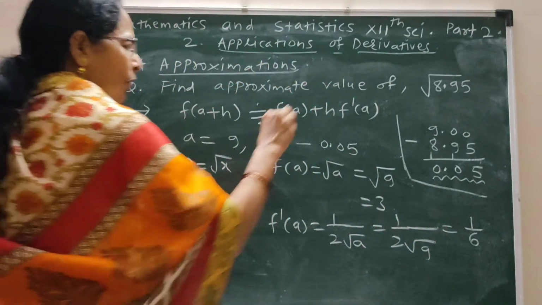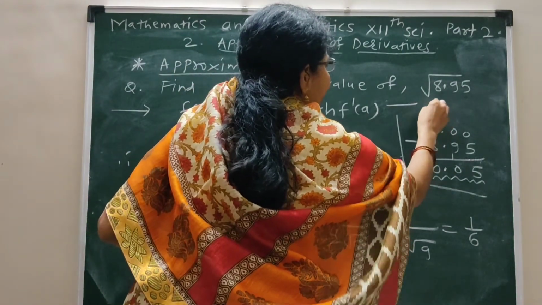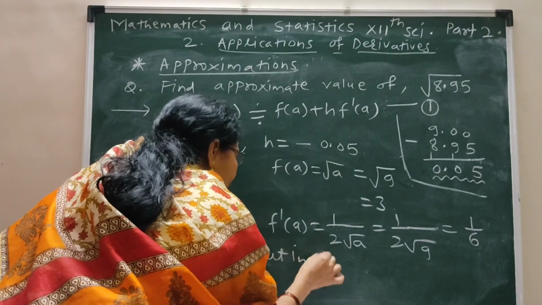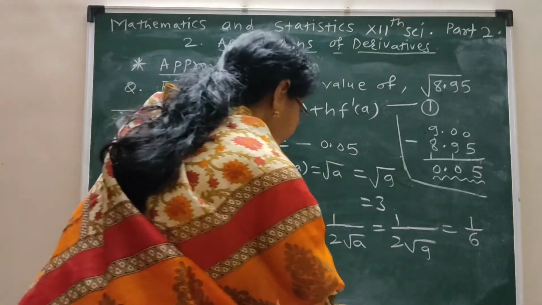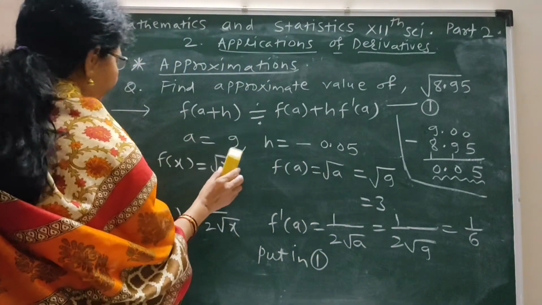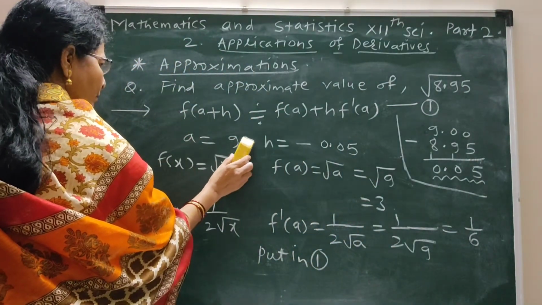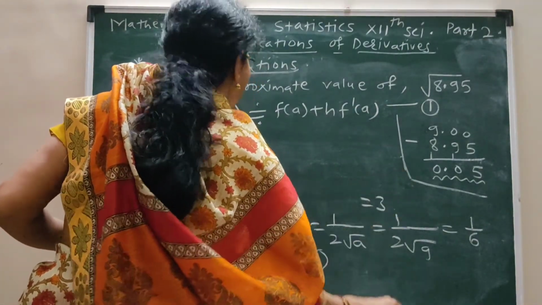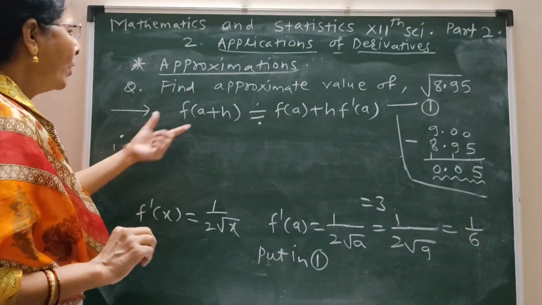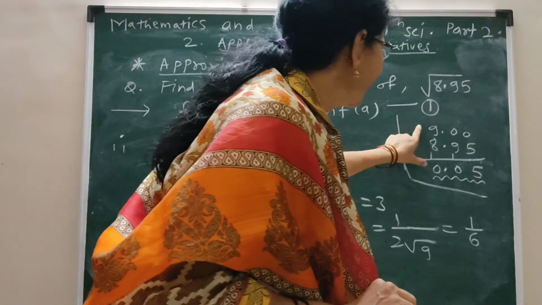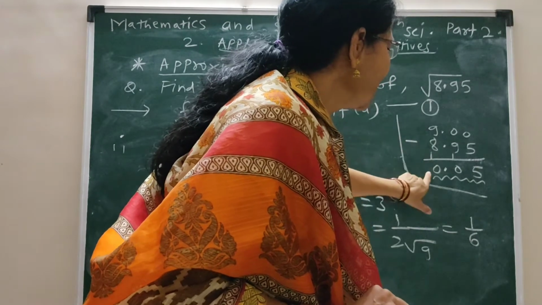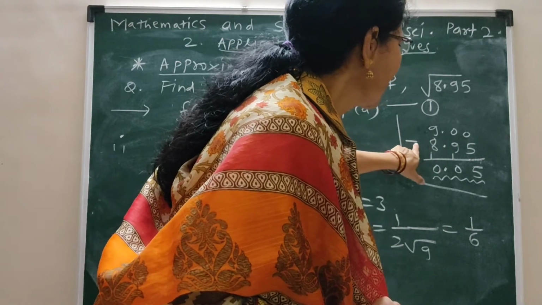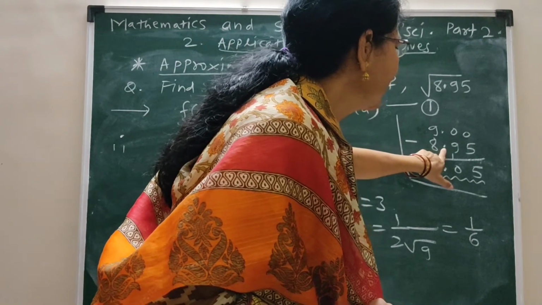Put in the formula. Write this as one equation, and put all the values in equation 1. Therefore, f of a plus h, where this is a and this is h with negative sign, so their value is 8.95.